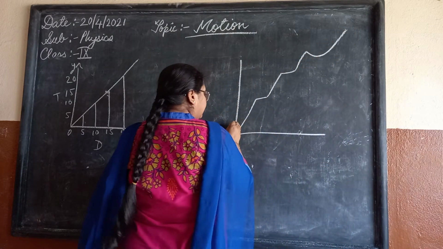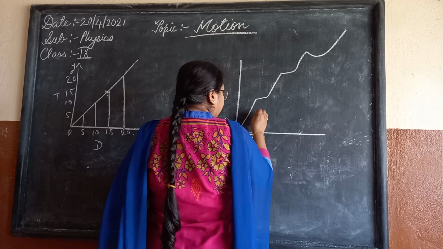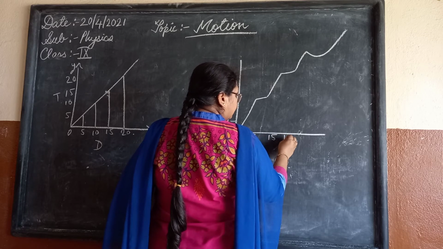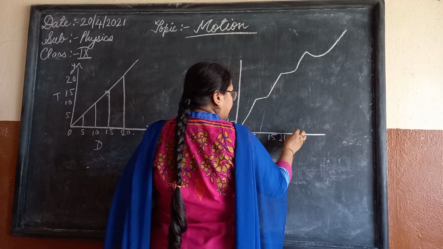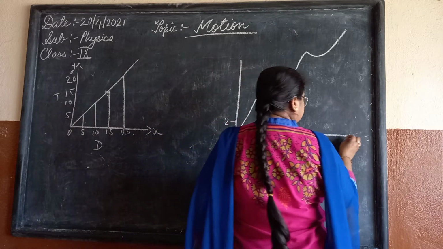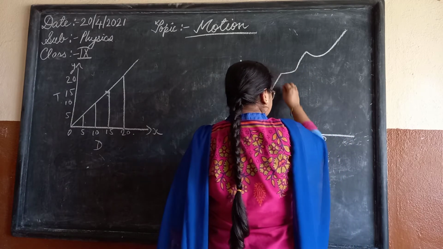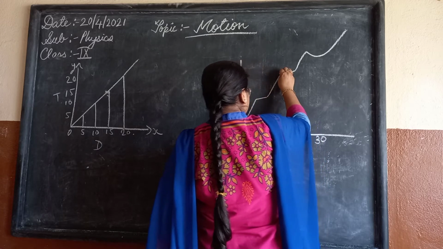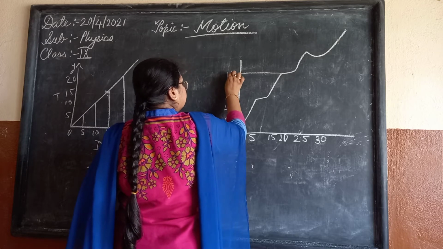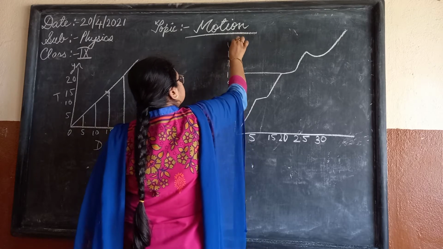Okay? So here it is 2, here it is 5, here it is 15, here it is 21, here it is 25, here it is 30. And on the time axis it is 2, 4, 6, 8, 10, 12, 14, 16 and so on.